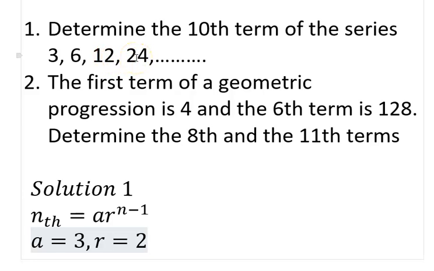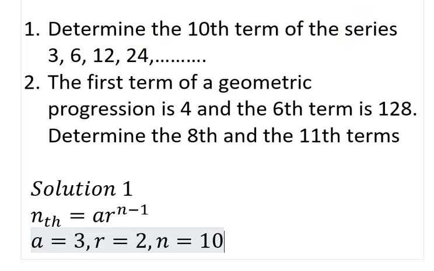Beautiful. Now our number of terms, we have to determine the 10th term. Our number of terms is 10. That's what we are asked. We are asked to look for the 10th term.